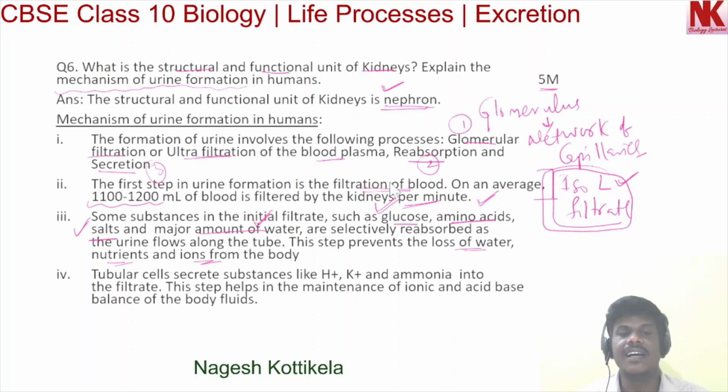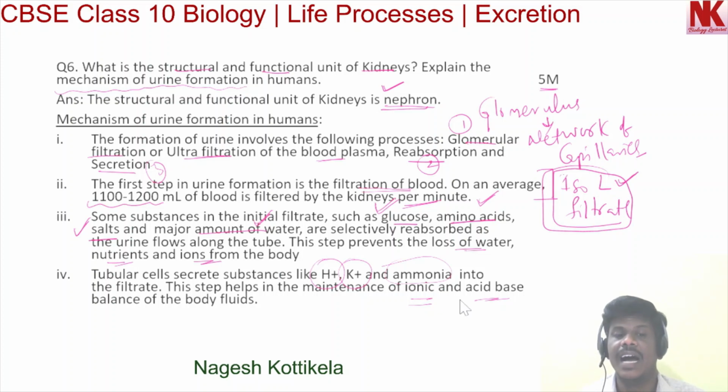And the third step in this mechanism of urine formation is secretion. So tubular cells secrete substances like hydrogen ions, potassium ions and ammonia into the filtrate. These secretions help in maintenance of ionic and acid base balance of the body fluids.